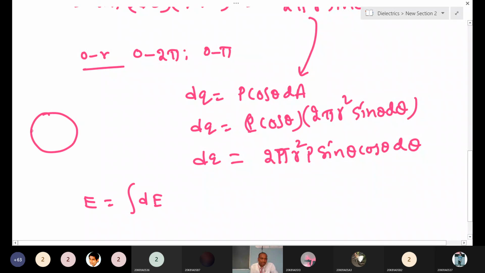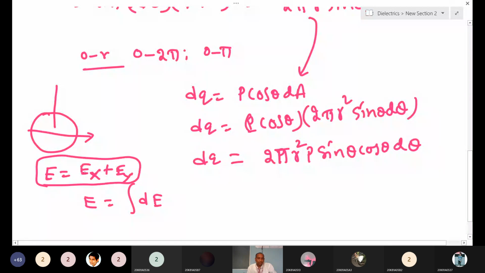The electric field is not only along the x direction; you can write the electric field component along x and along y. So the total resultant electric field is the x component plus the y component.